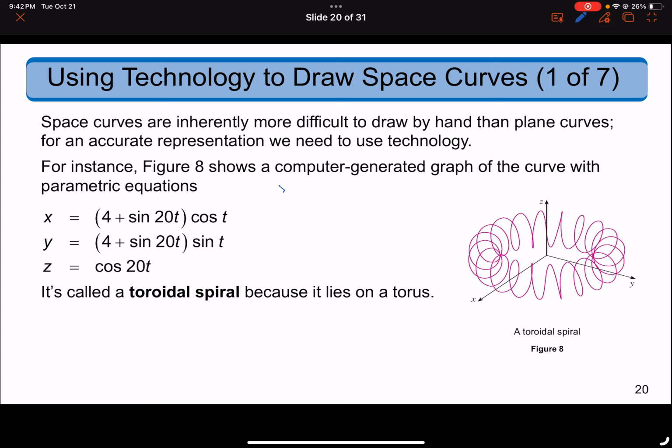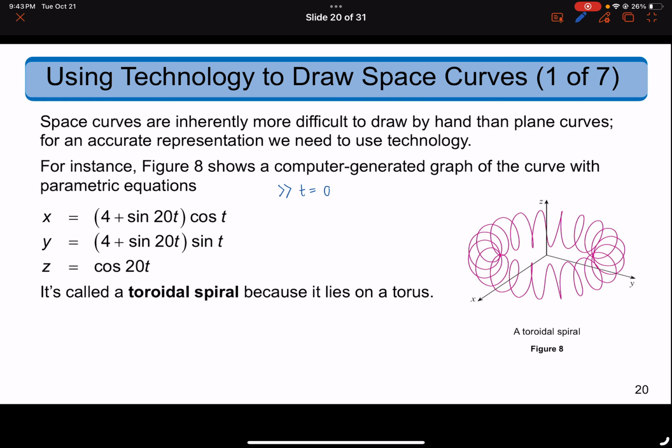If we are going to apply this in MATLAB, the code would be t equal to, maybe we can try from 0 to 100. And then we apply a semicolon so that it would no longer be displaying all of the points.